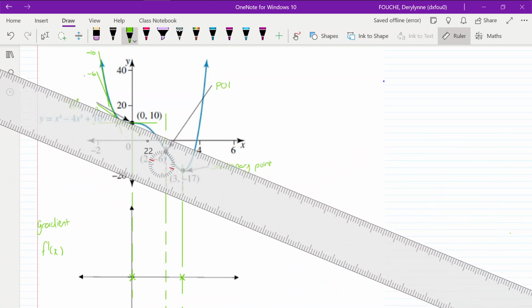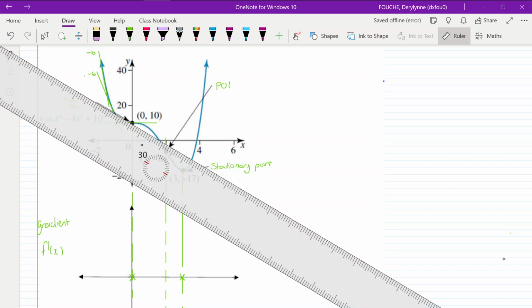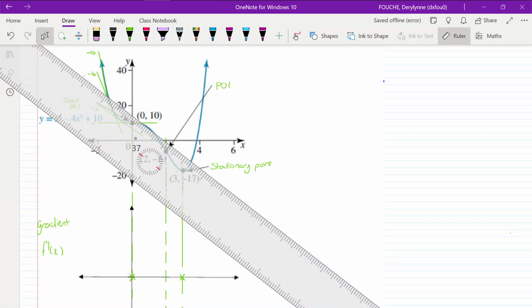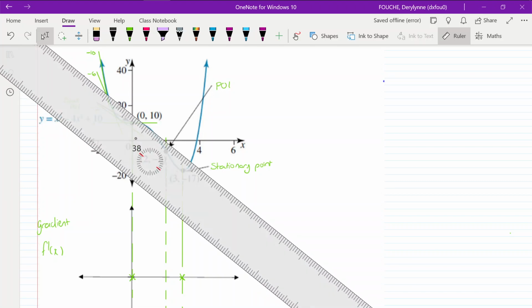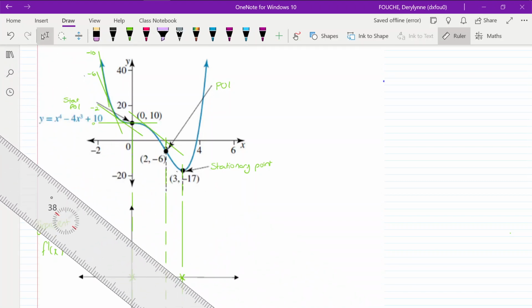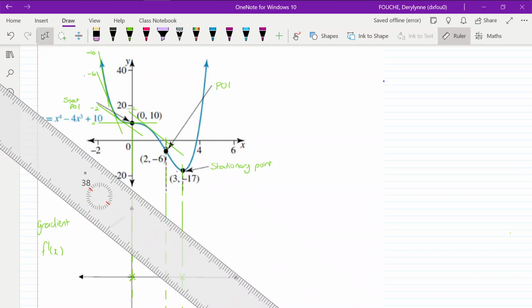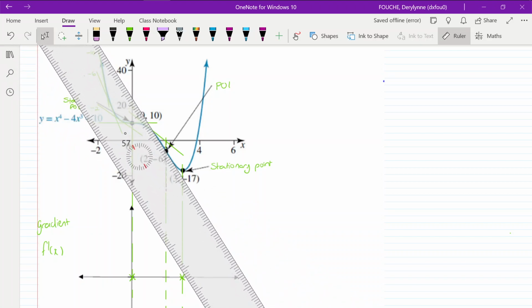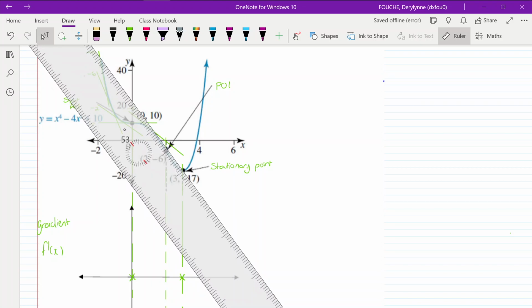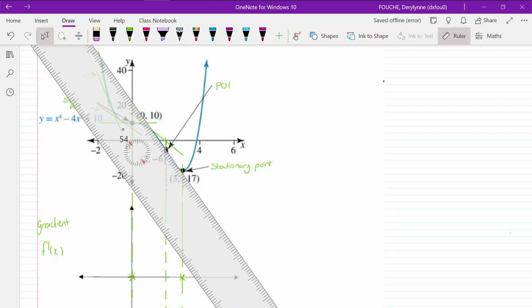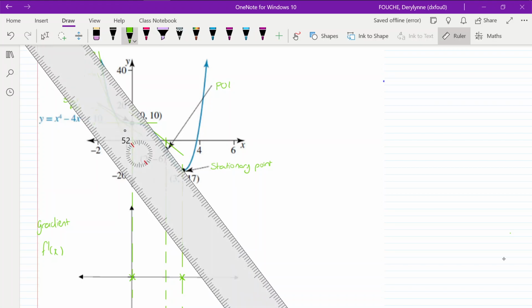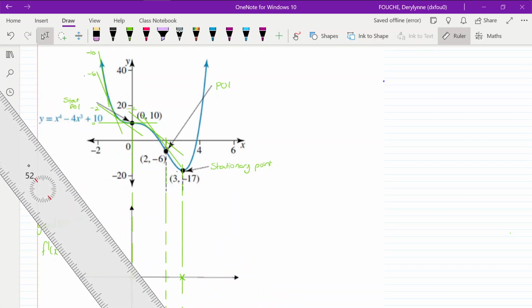And then if I draw a tangent here after my stationary point of inflection, I'm going slightly more negative again, so that looks about a negative 2 again. And if I drew another one over here, that looks like it might be about a negative 4.